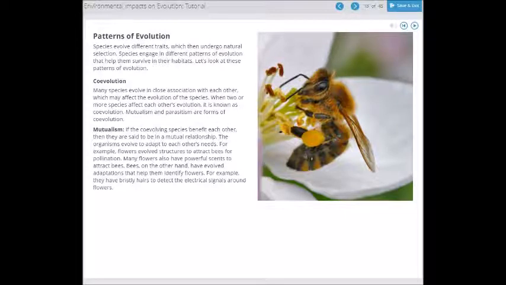But if all these insects are flying around, and look, they're all fuzzy, guess what's going to stick to them? The pollen. All of a sudden one day, a plant changed its reproductive structure a little bit so that the bee, or whatever the insect was back then, was like, whoa, what is that? Let's go check that thing out. And it attracted a pollinator. And that was the first flower.